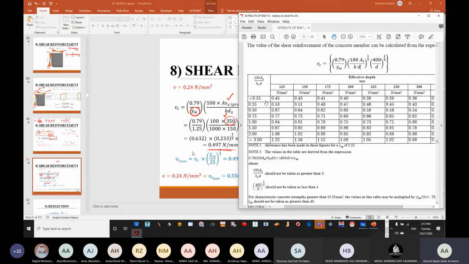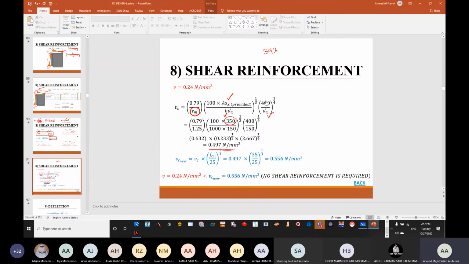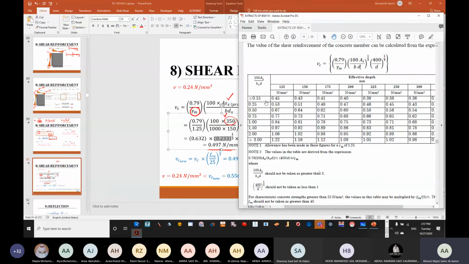So now if you go and see, we have 100 As divided by BD is 0.233. Now 0.233 is lesser than 3, so that's fine, because it says it should not be taken as greater than 3. And then we have 400 over D should not be taken as less than 1.